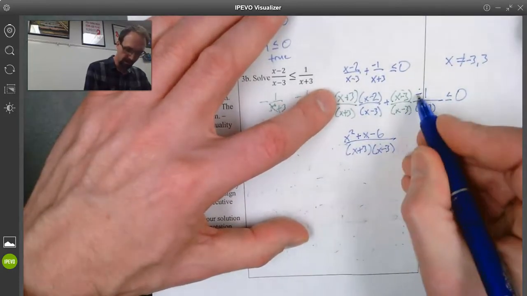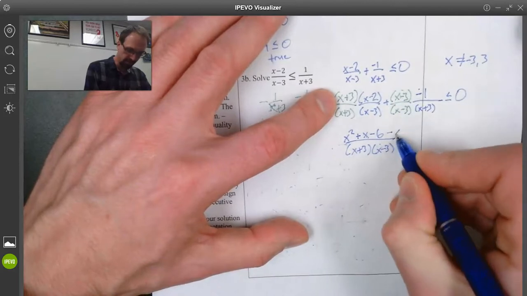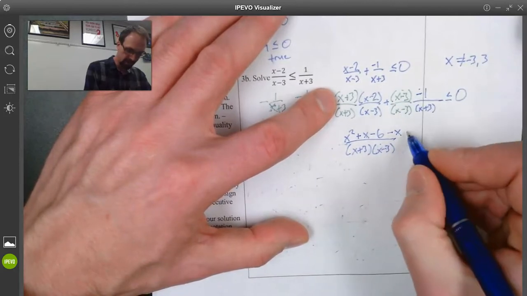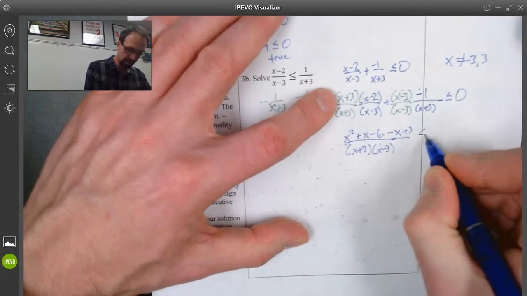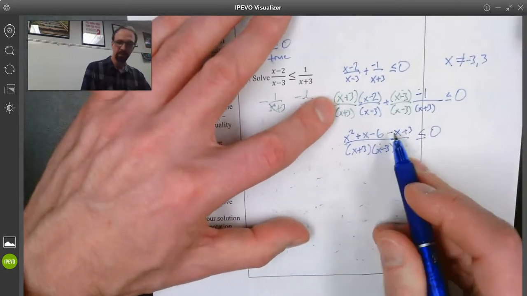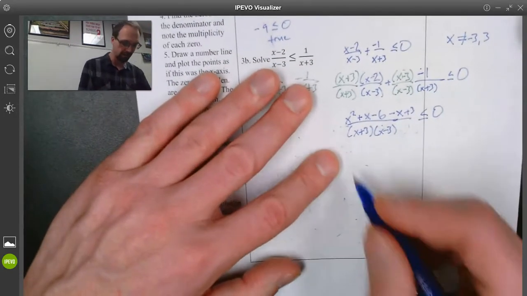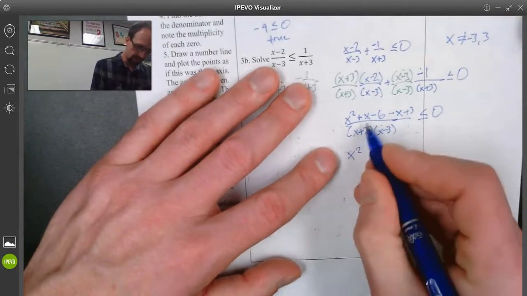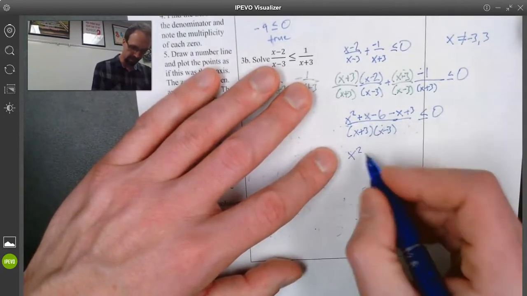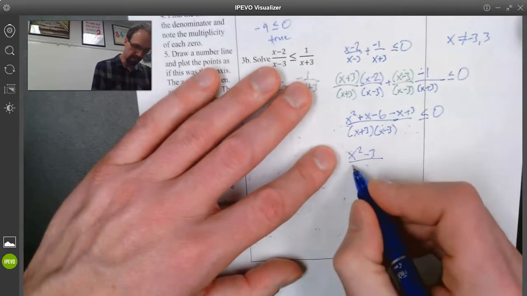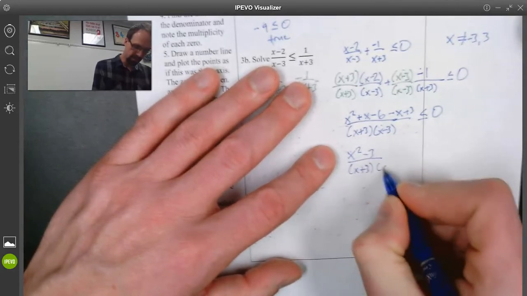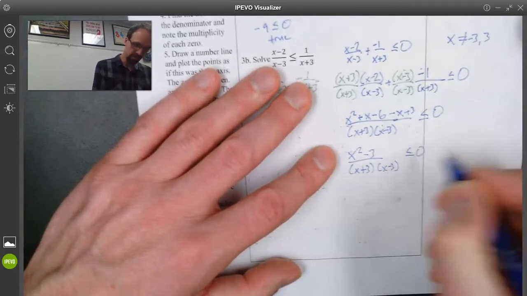And then on this side, I have this -1 distributing to both, so I have negative x and then plus 3. And this is less than or equal to 0. If I simplify this side, what I'm left with is x squared, my x's cancel, minus 6 minus 3, so minus 9, over x plus 3 and x minus 3, less than or equal to 0.